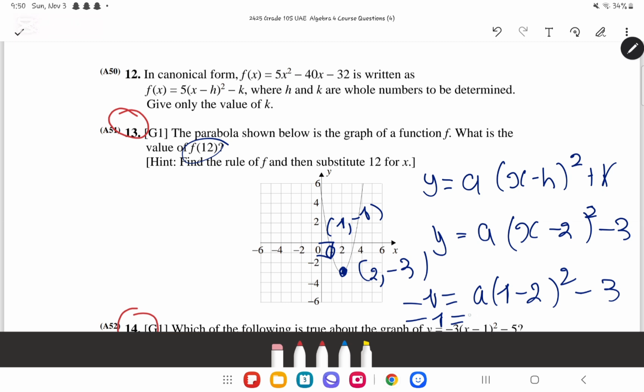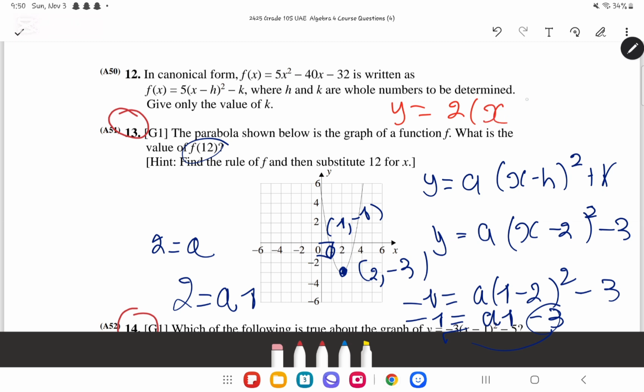So minus 1 is equal to a times 1 minus 3. Bring minus 3 to the other side. You are going to get 2 is equal to a times 1. So basically 2 is equal to a. So now we have the value of a. Now our function becomes y equals 2 times x minus 2 squared minus 3.